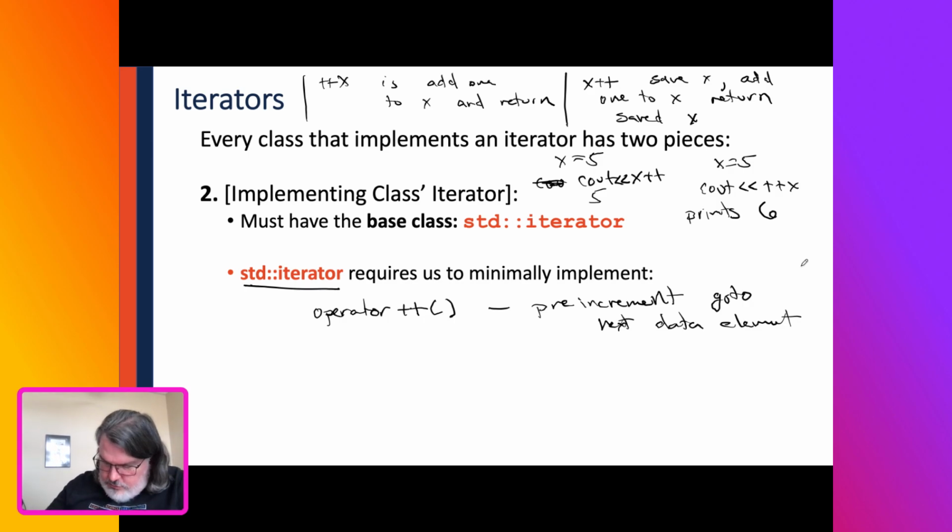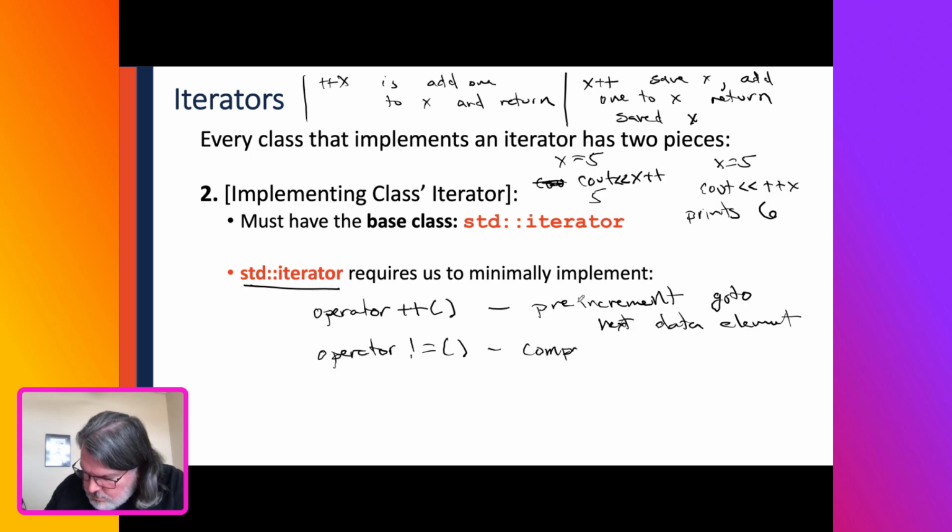So, what else do we have? We have operator not equal. Compare iterators. The only thing that was required was that you say these two things are not equal.